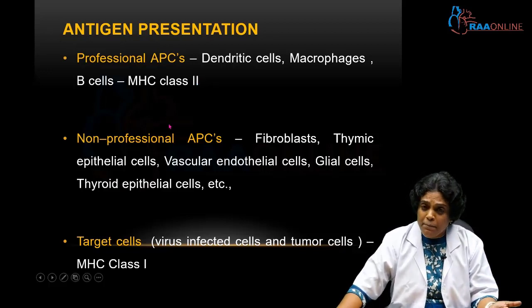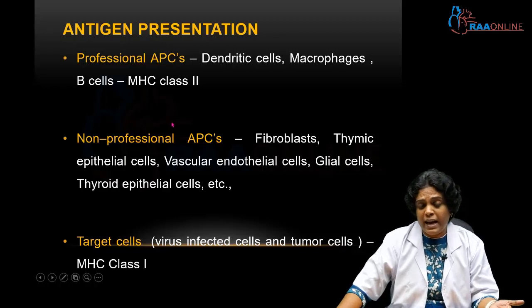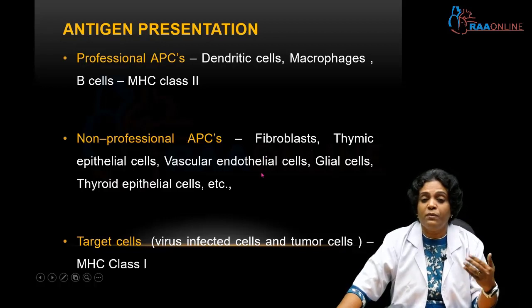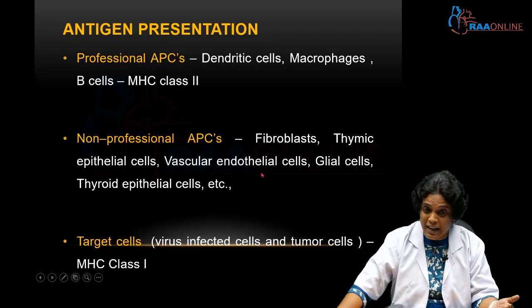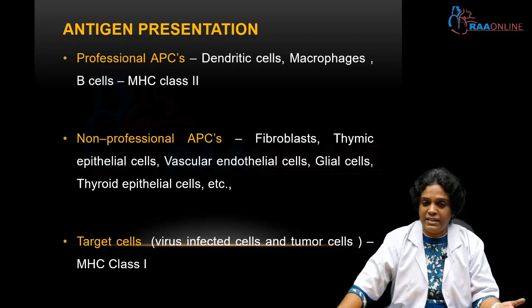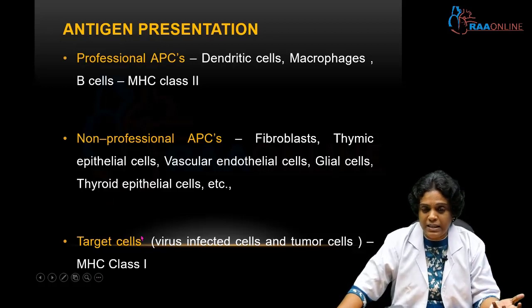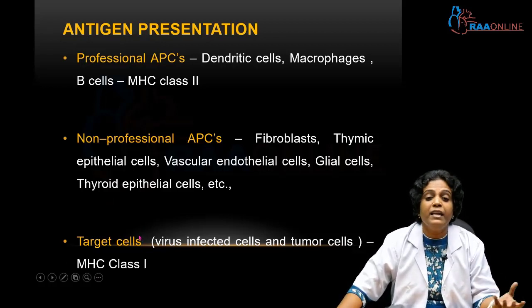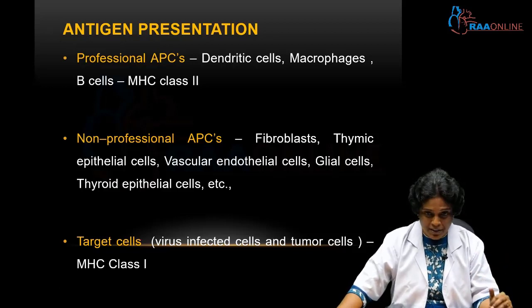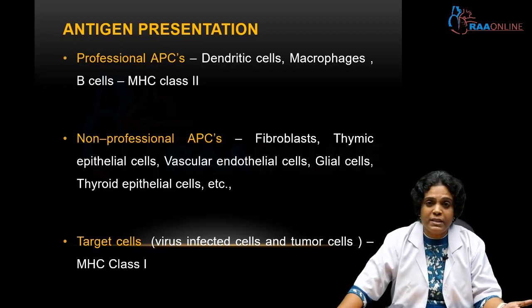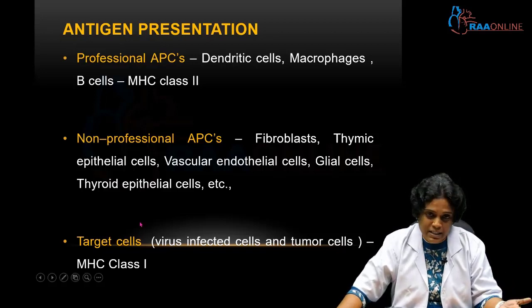Now, there are some APCs termed non-professional APCs, which include the fibroblasts, thymic epithelial cells, vascular endothelial cells, glial cells, thyroid epithelial cells, etc. And what are these target cells? These target cells harbor the intracellular antigens. They can harbor viruses, or even tumor cells are termed target cells.